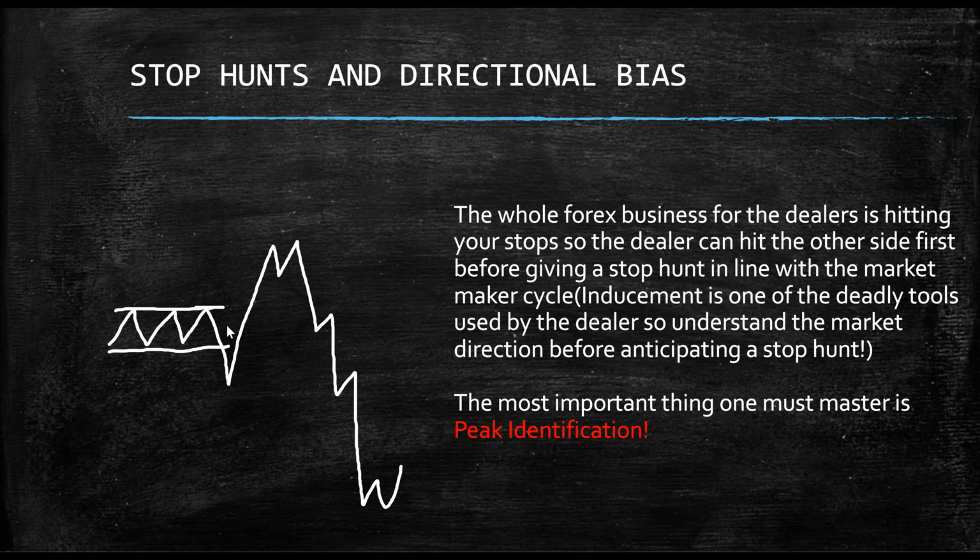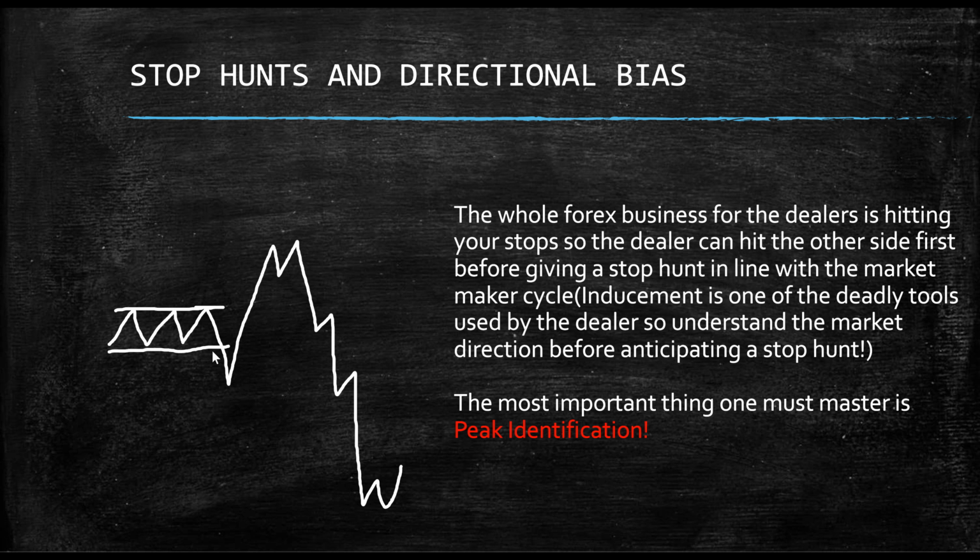So as you can see, what he can do, even though the direction is to the downside, is grab the stops below the Asian box first, right? Remember, they go where the money is. He can grab the stops and then give you a stop hunt above the Asian range. In this case, you hit 2 birds with 1 stone. We'll clear the board on this side, punish all the breakout traders.